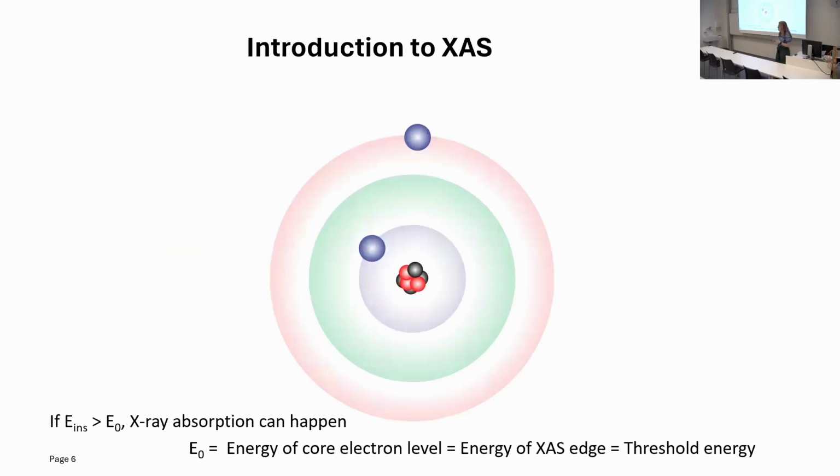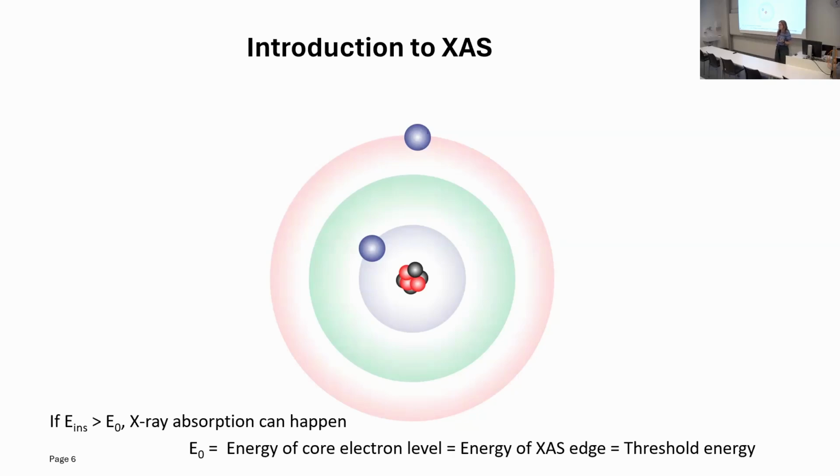And now comes X-ray absorption spectroscopy. X-ray absorption spectroscopy is a method which is currently used a lot in catalysis research for uncovering the structure of active sites. And why is that? Because it uses the basic principles of interaction of X-rays with matter.